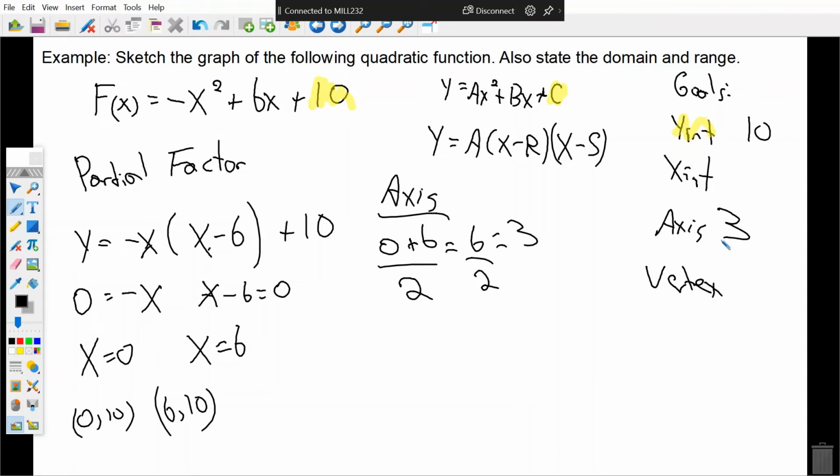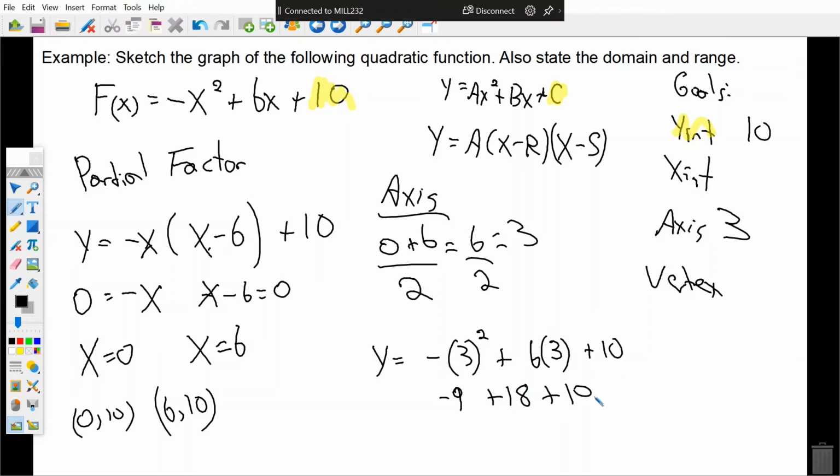Okay? Again, once we have our axis of symmetry, we can find our vertex. So we take that 3, we plug it back into our initial equation. So y equals negative 3 squared plus 6 times 3 plus 10. 3 squared is 9, and then there's a negative sign, so negative 9. 6 times 3 is 18, plus 10.